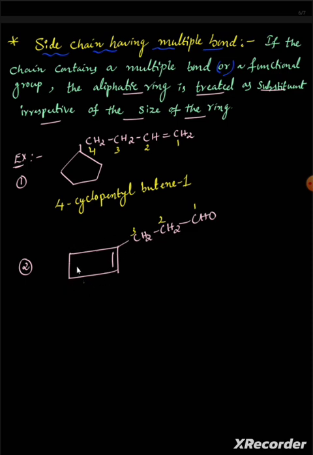Third carbon having substituent. This is cyclobutene. Okay, then third carbon having cyclobut 1 enyl, butenyl. Okay, propanal. Okay, next last example we will see.